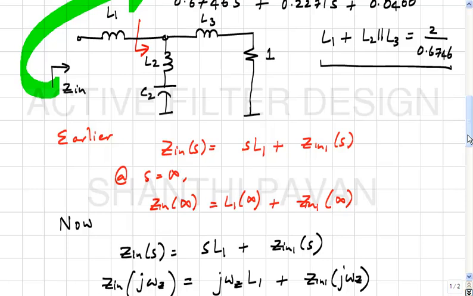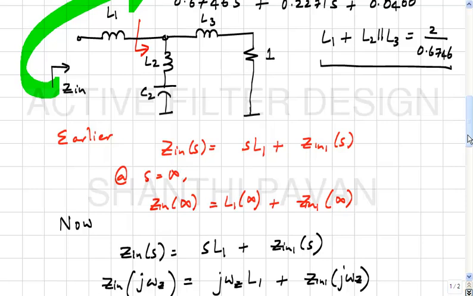And I mean, what is s equal to infinity? s equal to infinity is nothing but the frequency at which either the impedance or the admittance goes to 0, right?